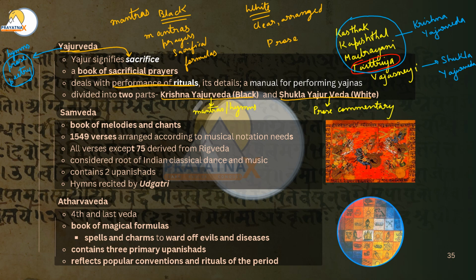Now, the last important thing about Yajurveda to mention is the Ishopanishad. Now, what is Ishopanishad? It is the last chapter of Yajurveda.